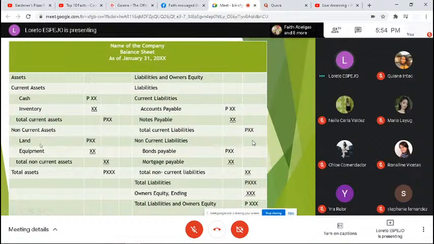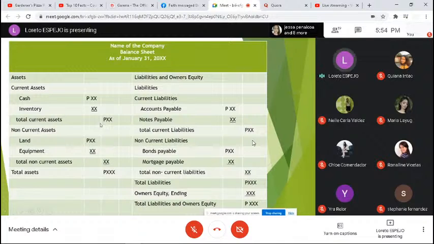Non-current assets, bakit po ang purpose hindi ko pinagpapantay-pantay? Kasi para makita mo kung sino ang i-add mo. Di ba? So kung ito, pinagpantay mo yung cash at saka inventory, it means that you're going to add them. So, add or subtract. Since itong total current assets at saka total non-current assets, pinagpantay mo siya, minaximize mo yung column, then pwede mo siyang i-add.